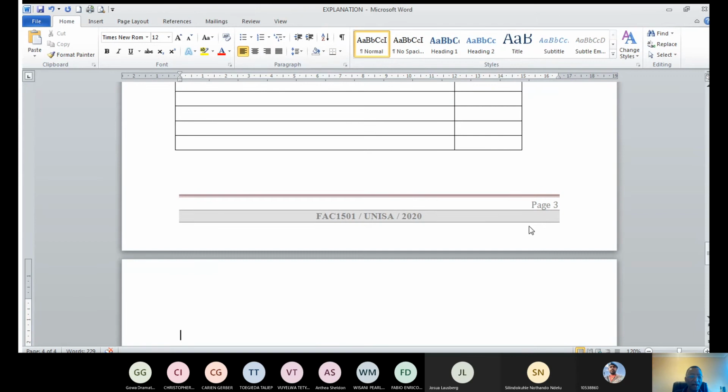Right. If I have got the following information, I give you a trial balance. And this trial balance is dated the 31st of December 2019, which is the end of the financial year.